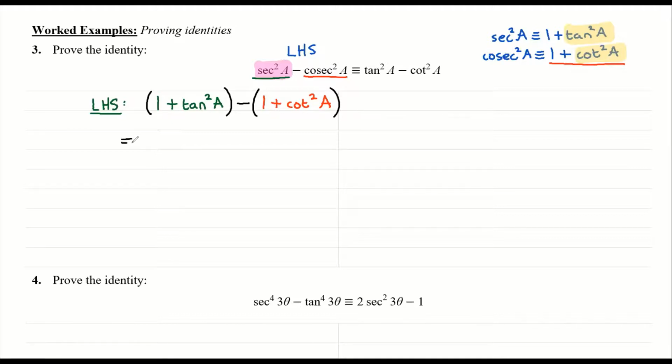So I can now expand the bracket if you like. I've got a negative in front of a bracket, which means that second bracket is being multiplied by -1. The first bracket, I can just dispense with those brackets now. Now I'm going to have a -1, and I'm going to be subtracting the cot squared as well.